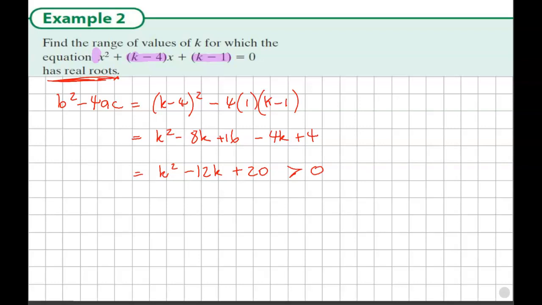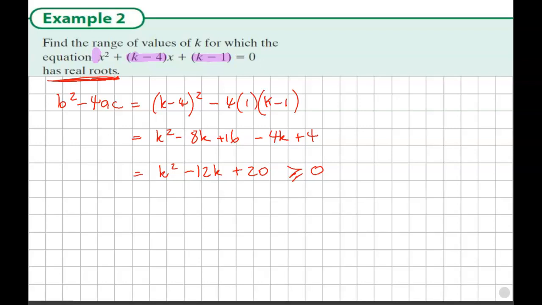Just very quickly, you could argue that it hasn't been particularly clear. If you're willing to accept that a repeated root is still two roots, just the same number, you could arguably put in the equals there. Anyway, let's solve this. So quadratic greater than or equal to naught.